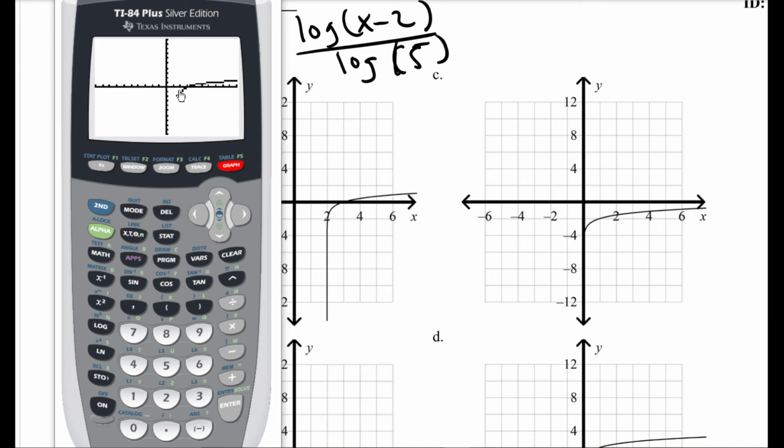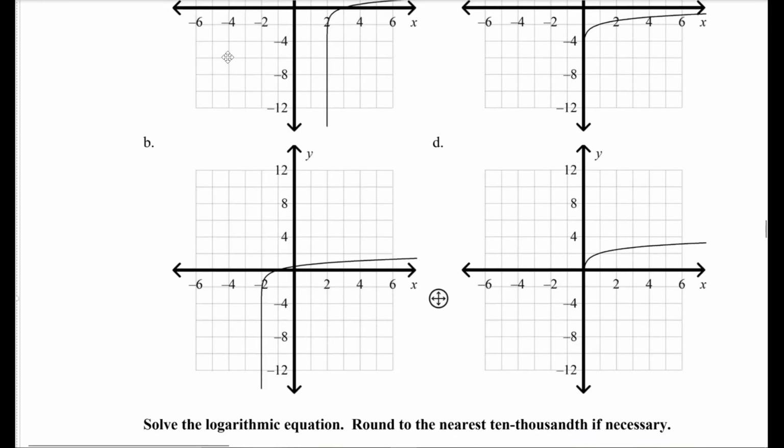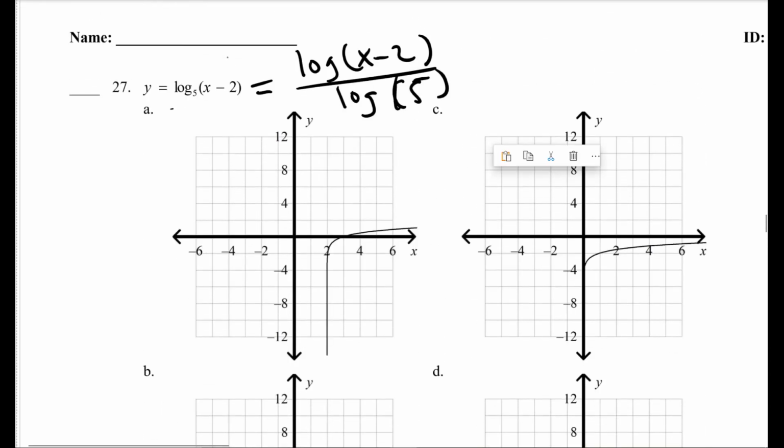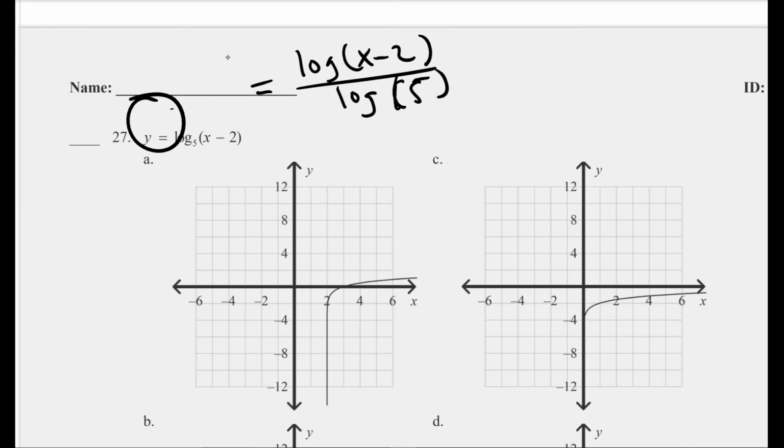It's approaching this asymptote of 2. So this graph really is trying to go down, down, down, even though it's not showing you your downward trend here. There is a downward trend, and then it's going up, all right? And it's crossing the x-axis at this mark here. So it's crossing at about 3. All right, so it looks like we're looking at A.